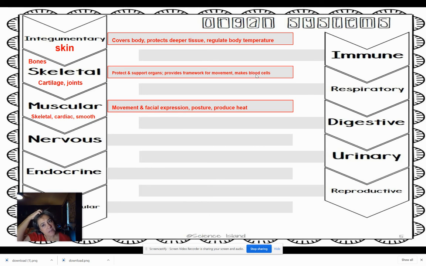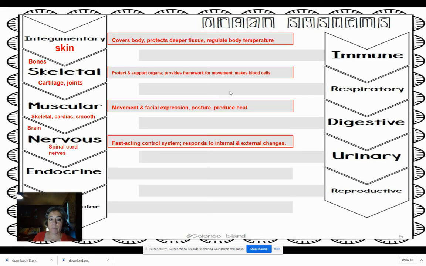You experience this whenever you work out or exercise. The nervous system includes the brain, the spinal cord, and your nerves. The function of that system is pretty much to control things. It's like the brain of your body. It responds to internal and external changes, similar to when we were talking about homeostasis.